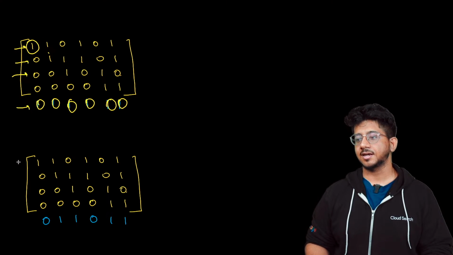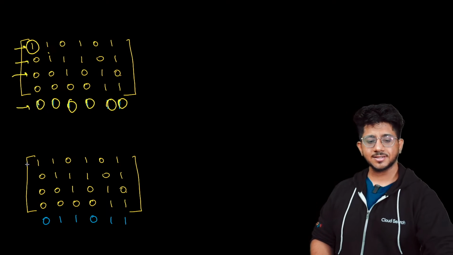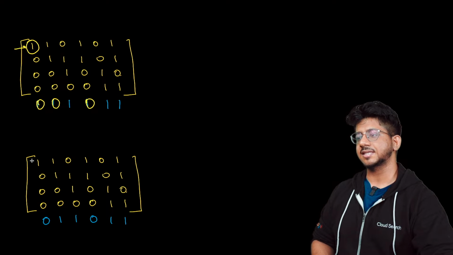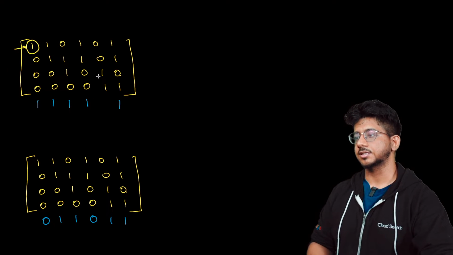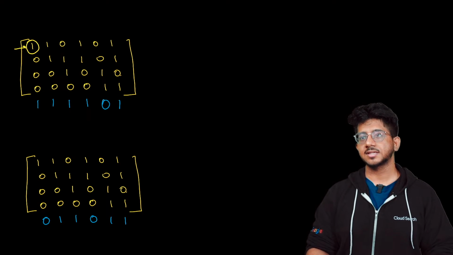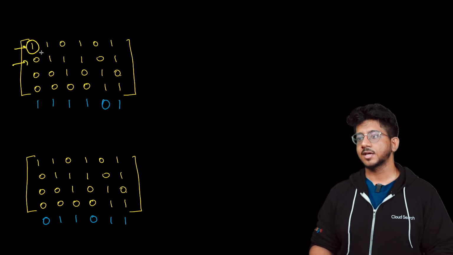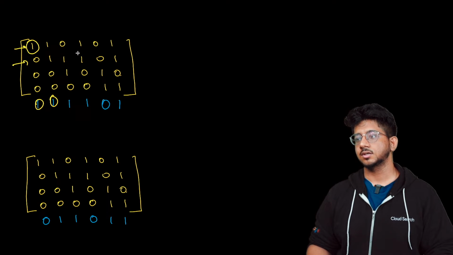Let's take another example over here. Let's say that in this same example, we would have had a 0 over here. Okay, let's run the same process once more. If you just do this again, this will become 0 0 1 1. This is 0 0 0.